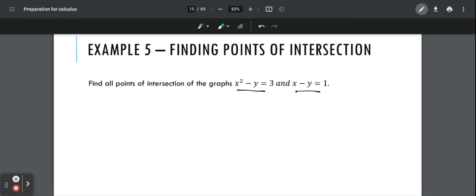What we're going to do is I would recommend rewriting the equations and making them each equal to y. Because if we know that x squared minus 3 equals y and x minus 1 equals y, then if they both equal the same thing, we should be able to set them equal to each other.